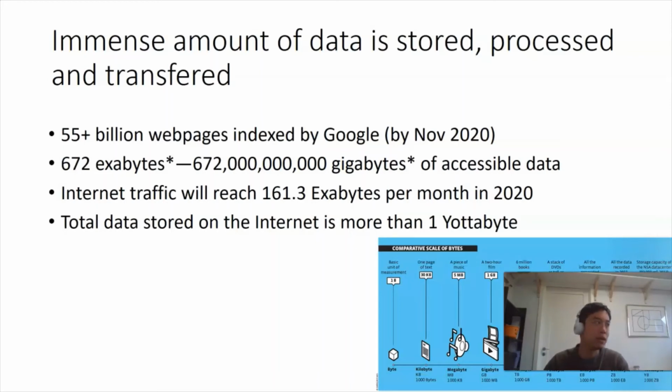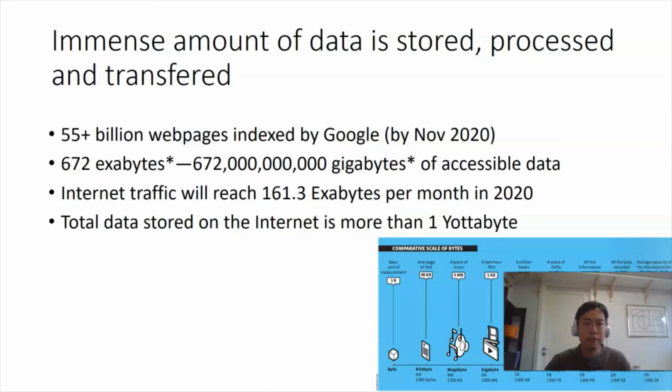By the wire, or by 5G, or by the network provided by the university, right? So there is an immense amount of data that is stored, processed, and transferred every day via the internet. There are some numbers here showing how immense it is.